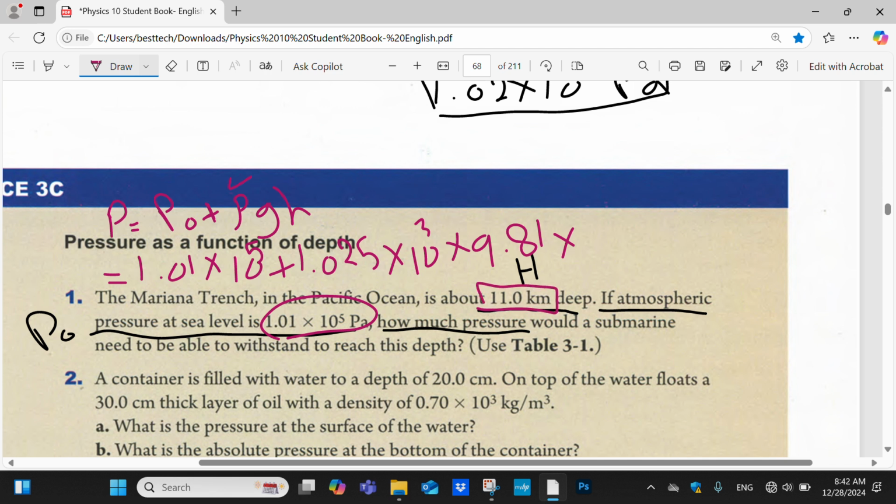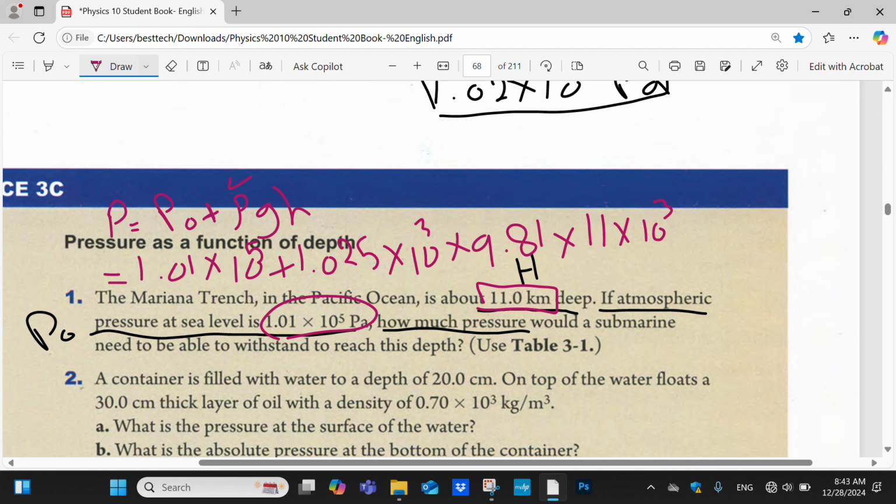Students, in physics always make it meters if we have length, width, or height. If we have centimeters, always make it meters. So how do we convert kilometers to meters? Multiply by 11 times 10 power 3.